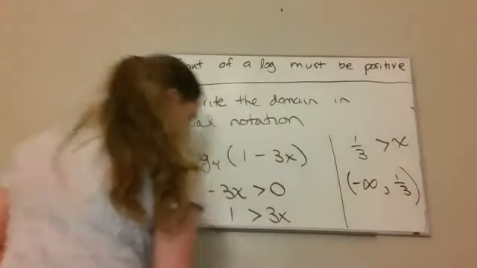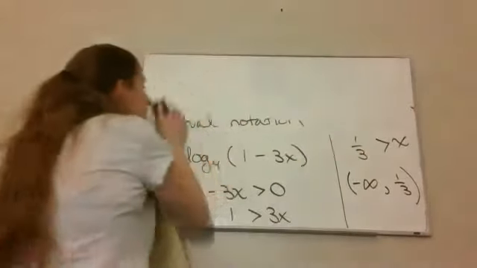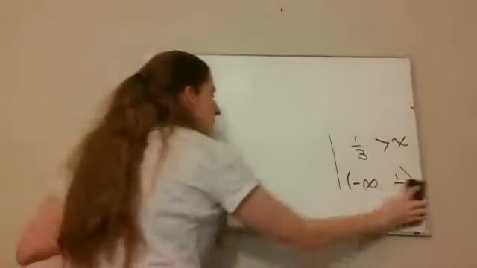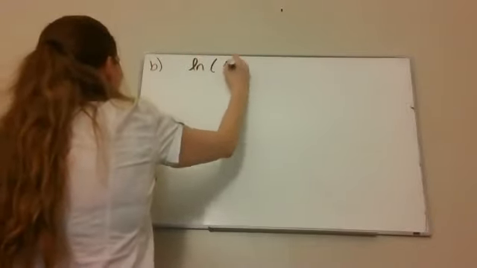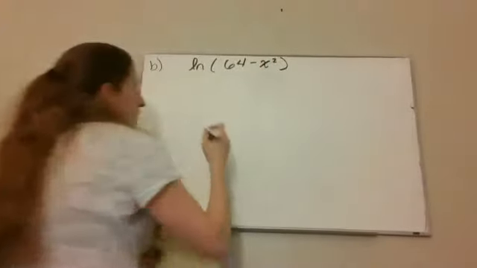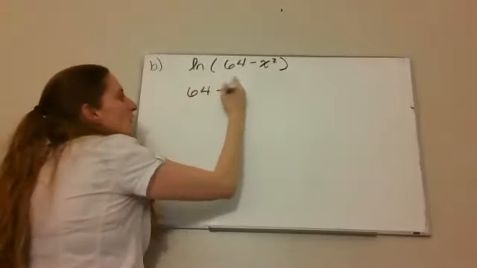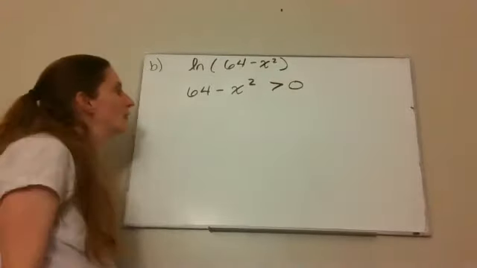Let's do a slightly harder one for part B. We have the natural log of 64 minus x squared. So we know we want the input, 64 minus x squared, to be bigger than 0.